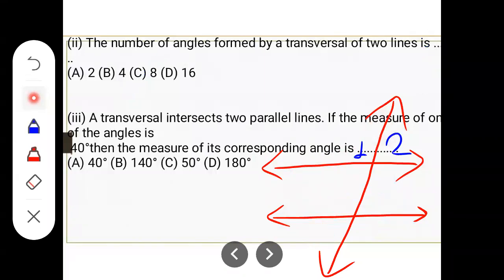Let's recall the property of corresponding angles. As we know, corresponding angles are congruent to each other. So if one of the angles is 40, its corresponding angle will also be 40 because those are congruent to each other. Here I took one pair of corresponding angles. If one is 40, the other will also be 40. So the right option you have to write is 40 degree.